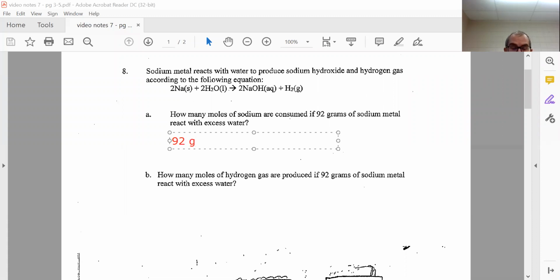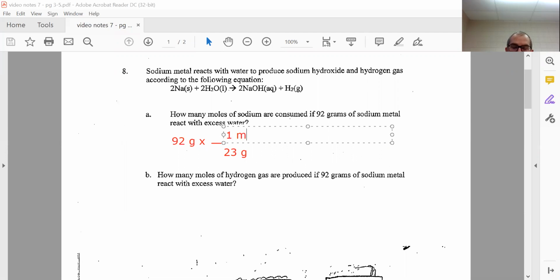grams of sodium. And then I'm going to times that by, I'm going to put grams on the bottom, draw a line here. And I said the molar mass was 23 grams. So I'll put 23 grams on the bottom, and it is 1 mole.